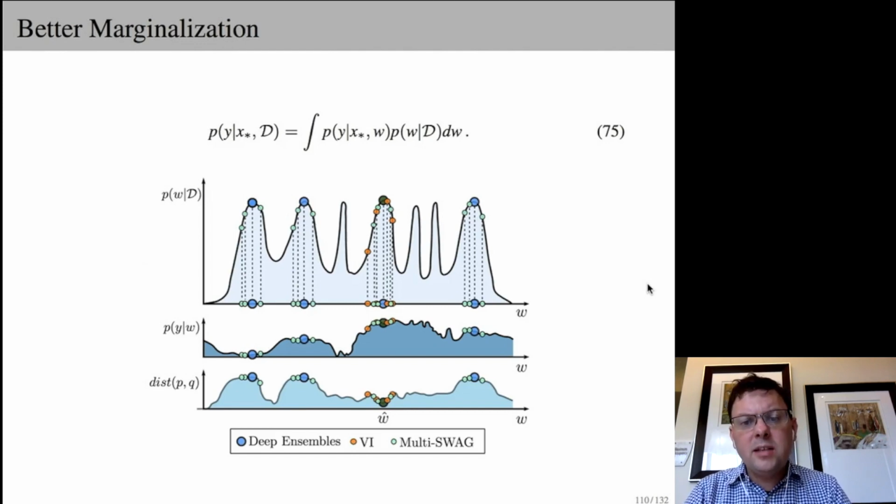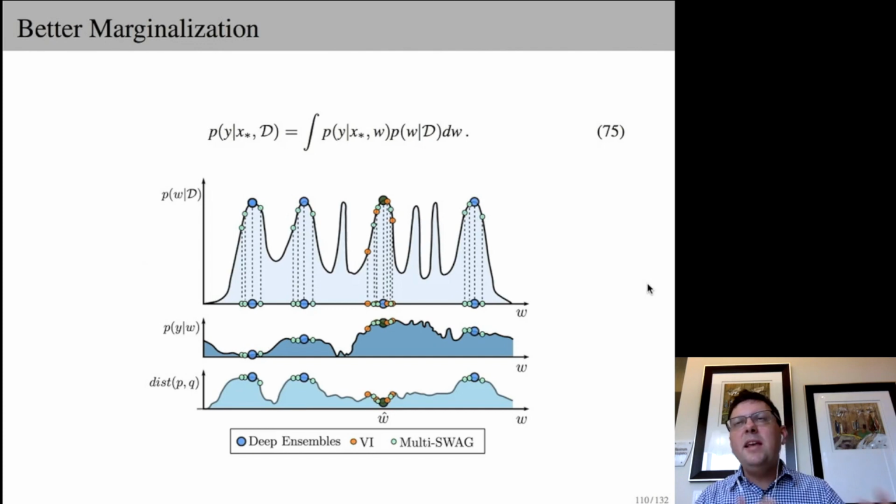At the end of the last part 3, we were considering deep ensembles, and we started to hint at their potential connection with Bayesian marginalization. Recall that the predictive distribution that we want to compute is this integral of our conditional predictive distribution given parameters, weighted by the posterior probabilities of parameters given data. And so we want to, in words, consider every possible setting of the parameters and weight them by their posterior probabilities.